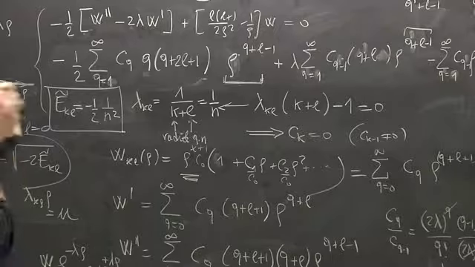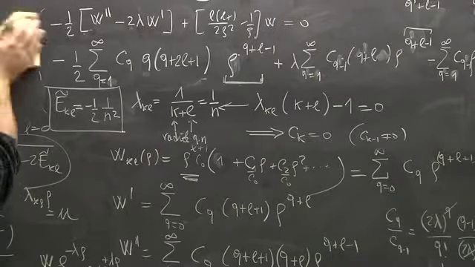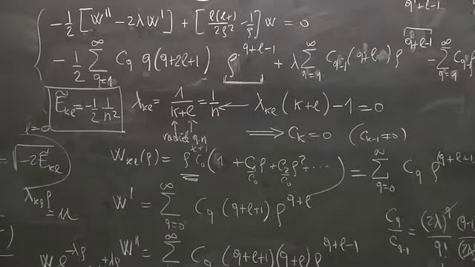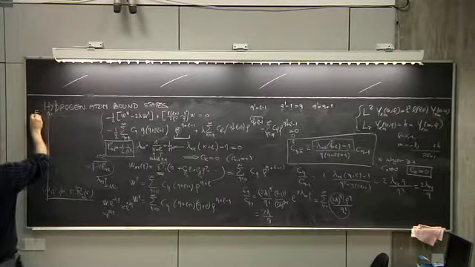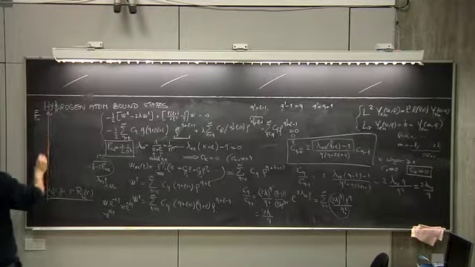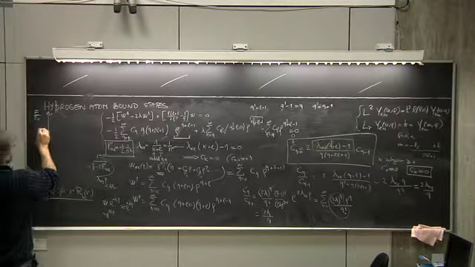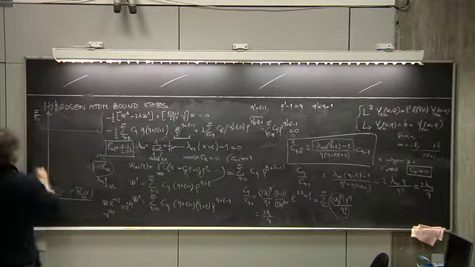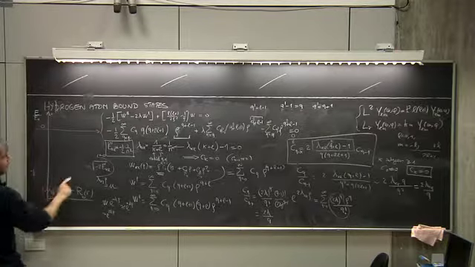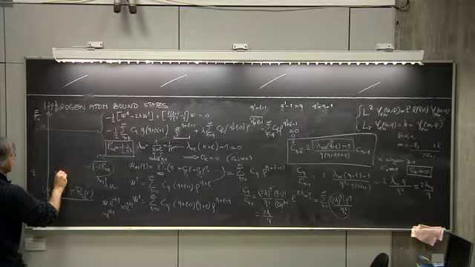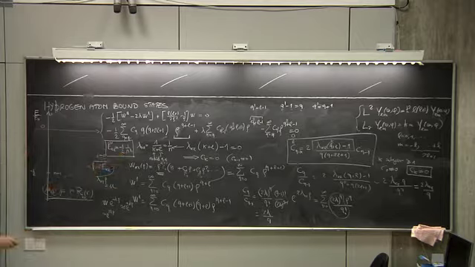Let me draw this better. Okay, so this is now the energy divided by the Rydberg. Okay? So this is the 0. This is minus 1/2. Okay, I have n equal 1 as the only possible way of getting this.